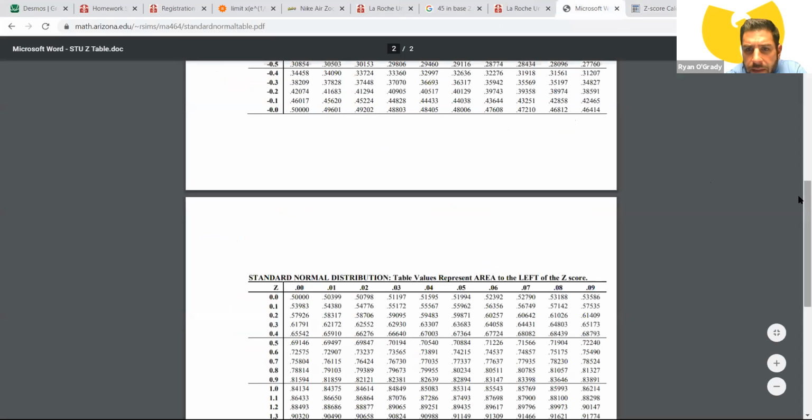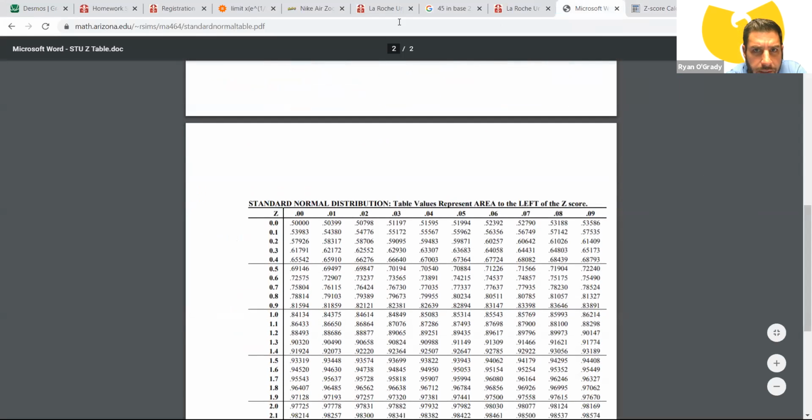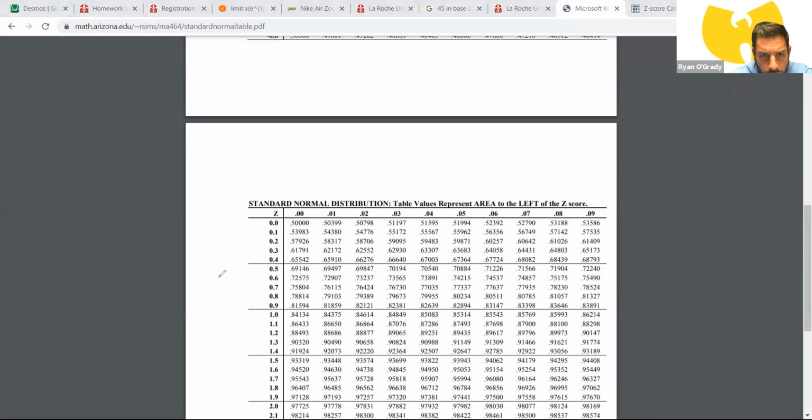And this time I need to go down to 0.6, which is right here. So I have to come down the vertical column to 0.6, and then I have to go all the way over to the second decimal, which was 0.7. So where do these guys match? They match right here.